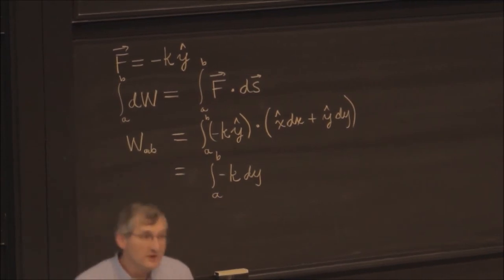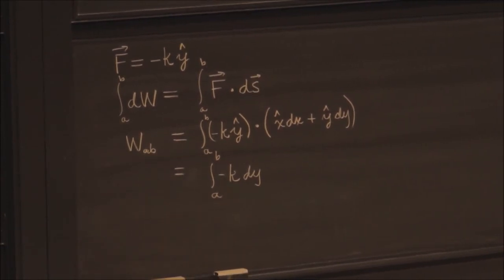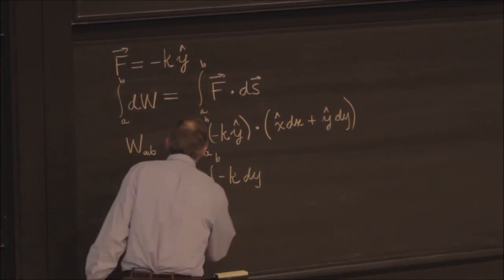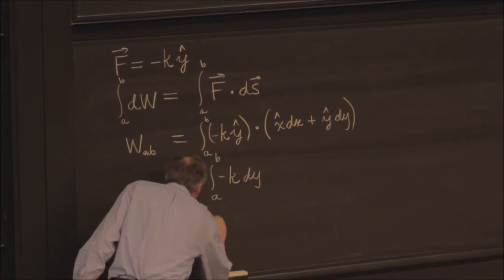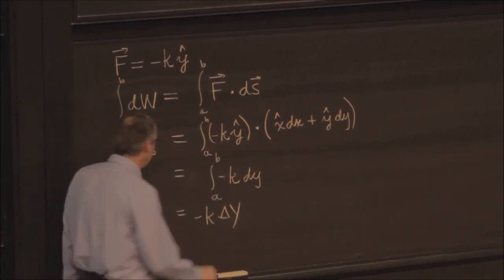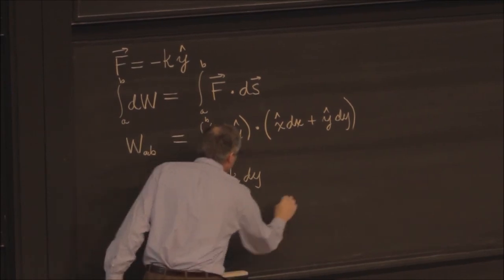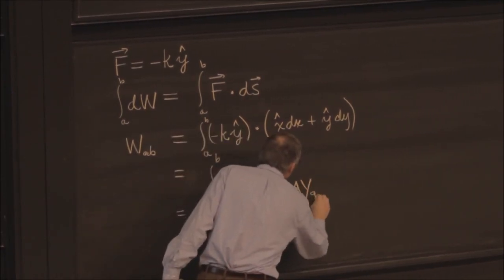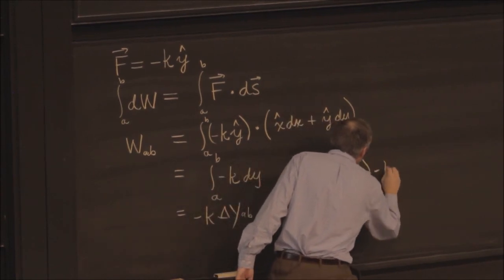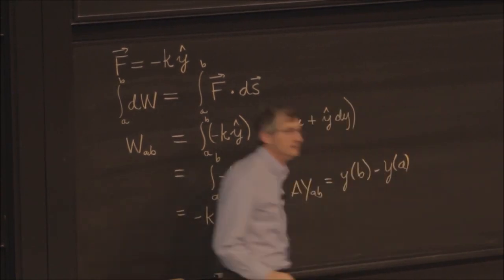And so that is only going to care about how far you moved in the y direction. So it's independent of the actual path taken. So this would be minus k delta y AB, where delta y AB means y at point B minus y at point A.